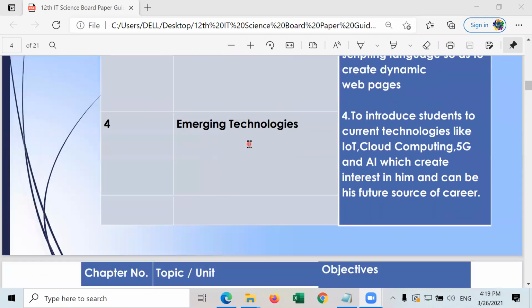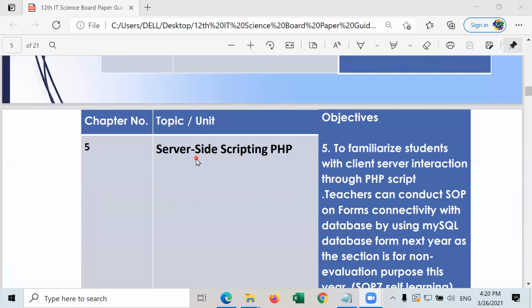The fourth chapter talks about various upcoming technologies, various emerging technologies like IoT, cloud computing, 5G, AI. Fifth chapter is about server-side scripting language, which is PHP. In this chapter, you have studied various functions, variables used in PHP. You have executed many PHP programs.